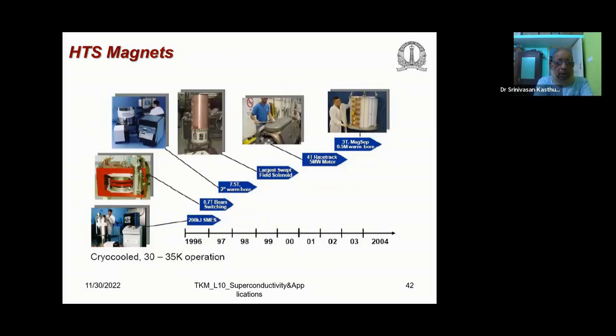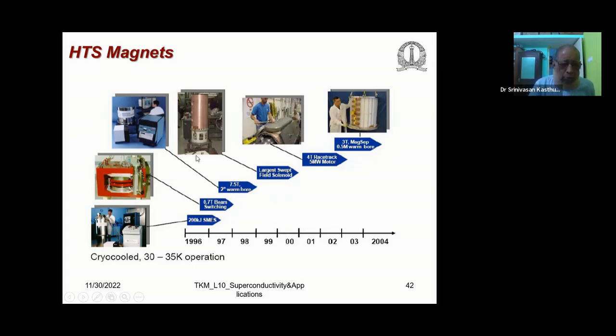Now coming to magnets, there is scope for using high temperature superconductor magnets for many applications. For example, right from 1996, 200 kilojoule SMES magnets have been built, and for beam switching, 0.7 Tesla magnets are built with high temperature superconductors.